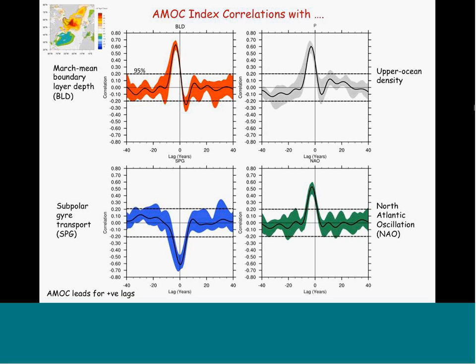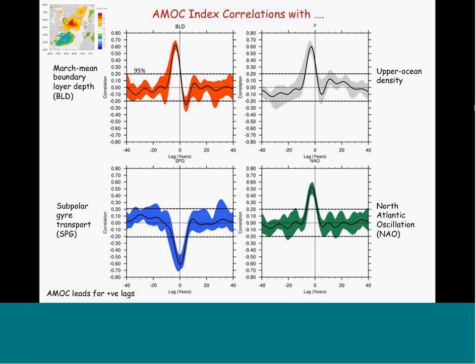You can see also a simultaneous relationship with the subpolar gyre strength, but in this case, it's essentially a response to AMOC to some degree. And we also see a leading role for the NAO. You can see that the correlations are peaking roughly 2 to 3 years prior to an AMOC intensification. But I should mention that AMOC is leading for positive lags.